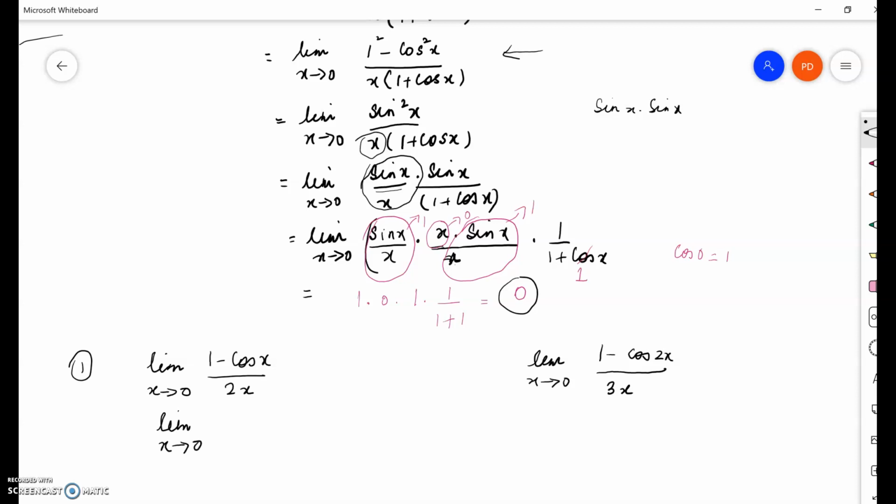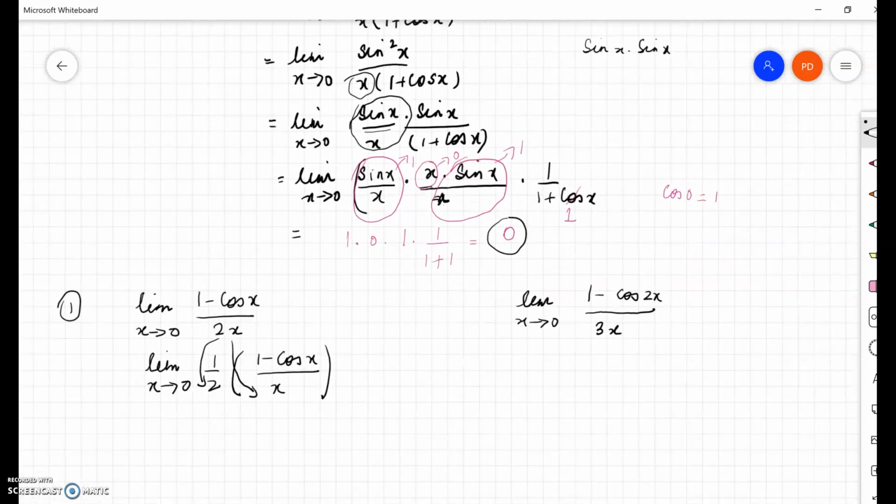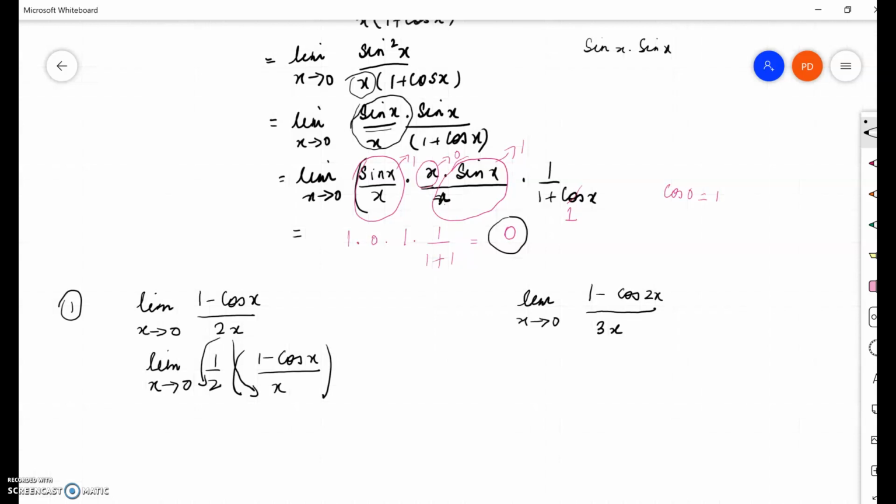We have an extra 2 in the denominator. So I write it as 1 over 2 times 1 minus cosine of x in the numerator, and then of course the x in the denominator. So the 2 is here and the x is here.